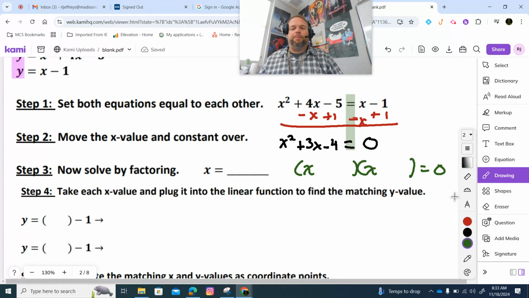All right. So this sign tells us what? They're different. Very good. This sign tells us what? Yeah, bigger one's positive. So what two numbers, when you multiply, you get negative 4, but when you combine them, you get positive 3?